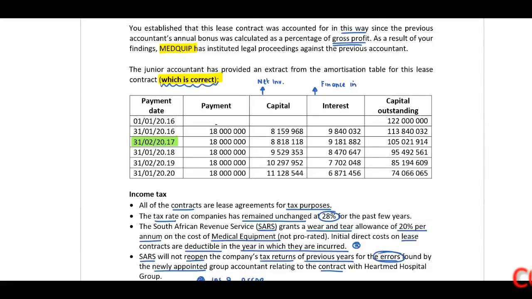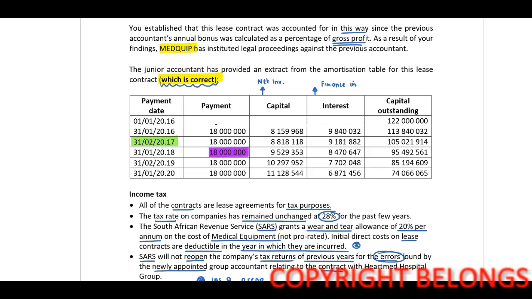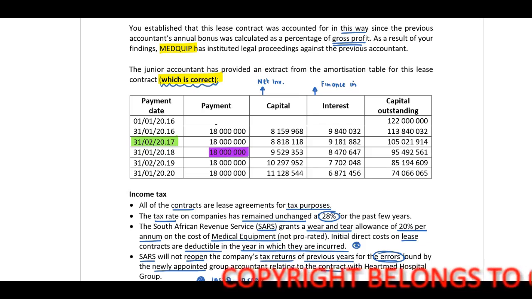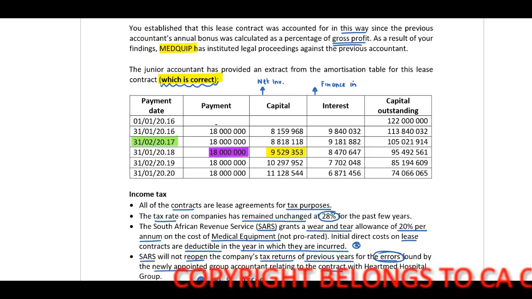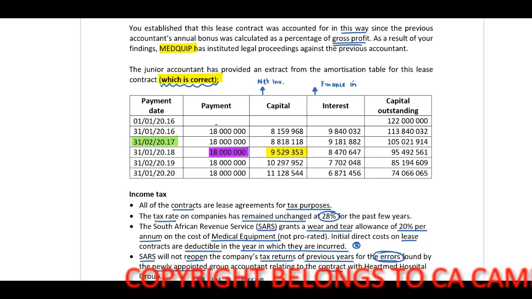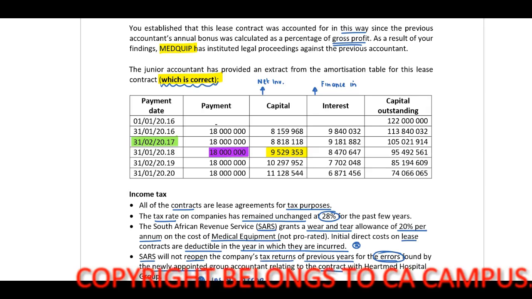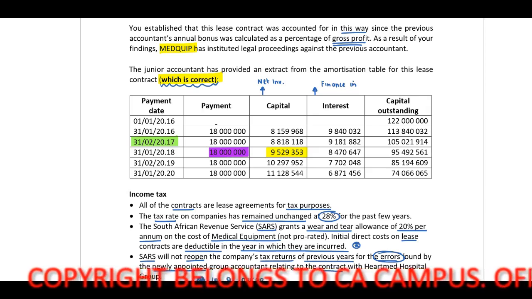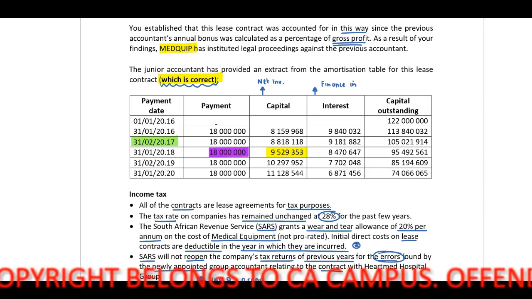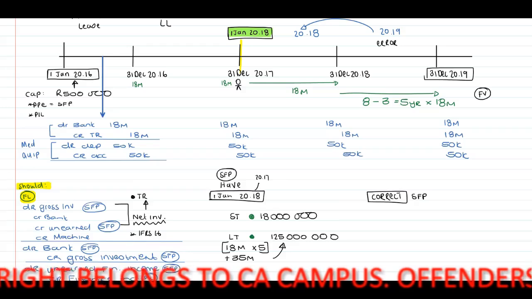If you look at your amortization table, the payment that they will receive within the next 12 months will be this 18 million. Therefore, the short-term portion will be the 9,529,353 because they will receive this within the next 12 months. Guys, if you look at your journal entries, I'm sure you understand this.